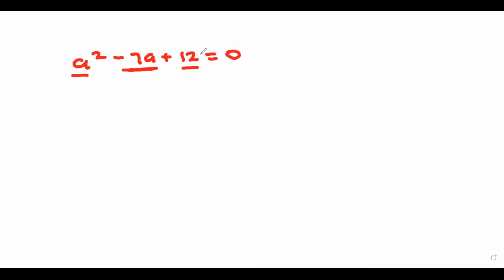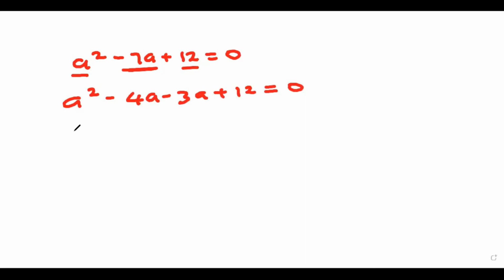So 1 times 12, that's 12. So what two numbers can we add to give us minus 7? That would be minus 3 and minus 4. So we have a squared minus 4a minus 3a plus 12 is equal to 0.